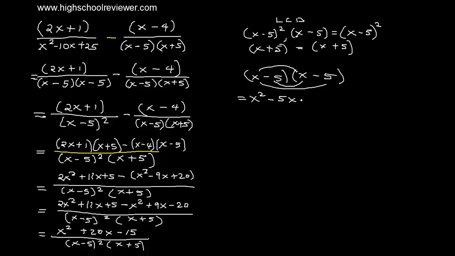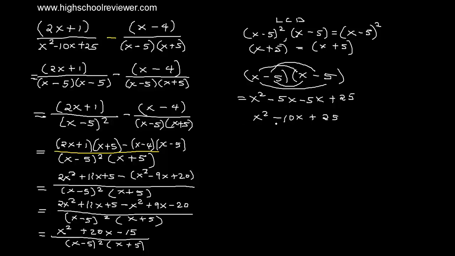And we again have negative 5x. And negative 5 multiplied by negative 5, that is positive 25. So this will give us x squared, negative 5x minus 5x, negative 10x plus 25. But we still have to multiply this by the quantity x plus 5.